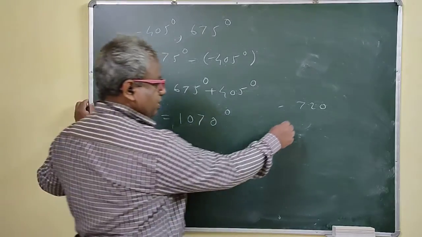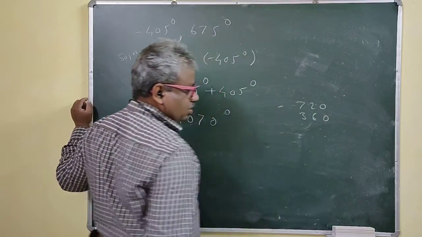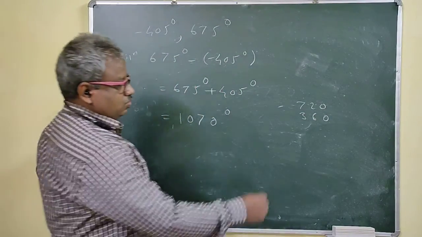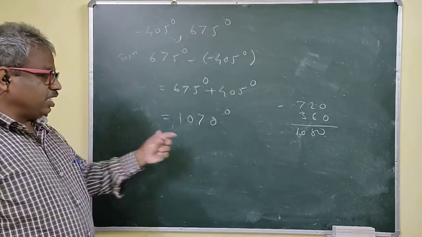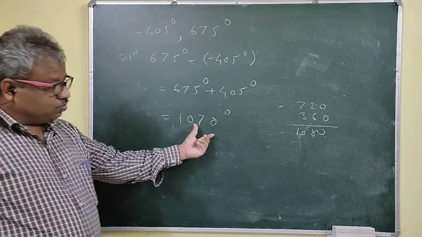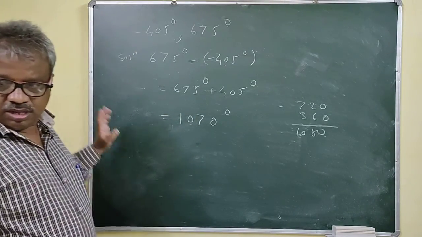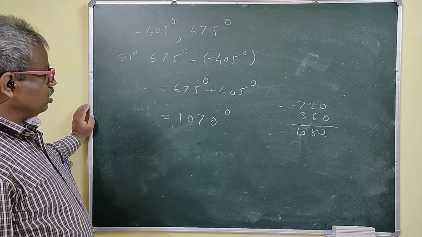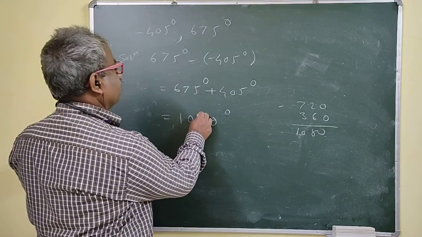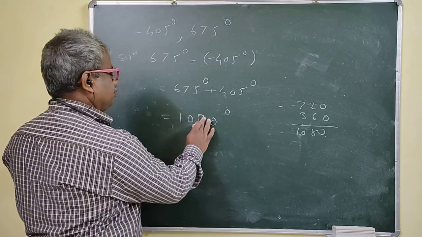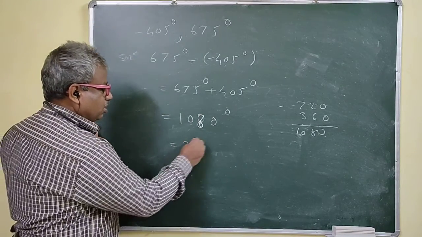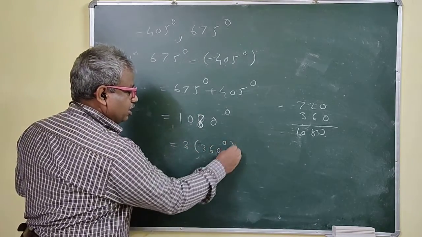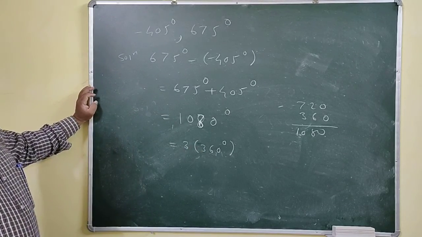So 720 is the double of 360, right? And we have to add another 360. So this is 1080. So that means this is nothing but 3 into 360 degree, right?